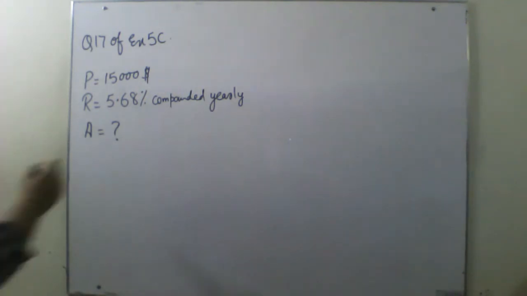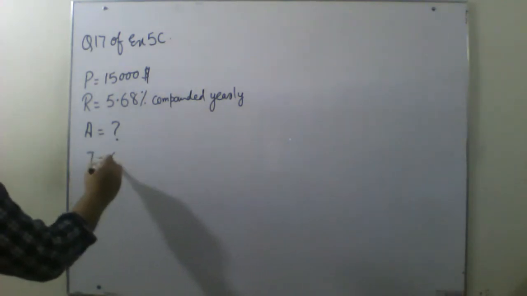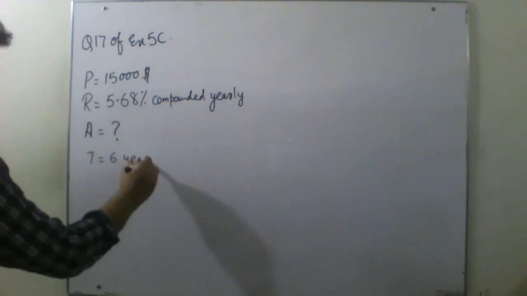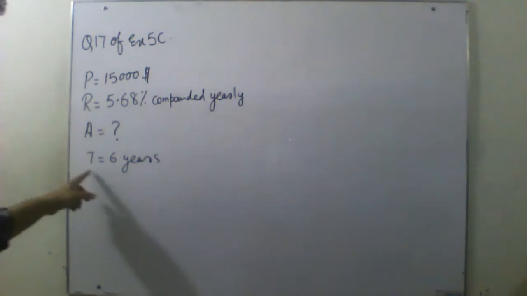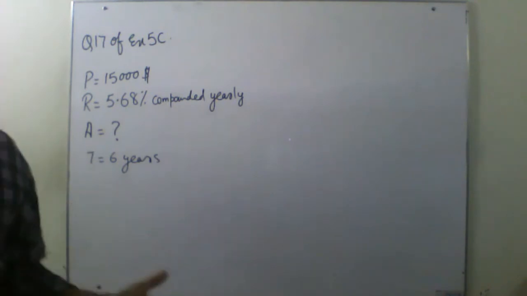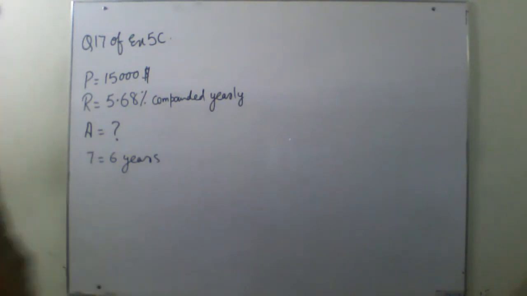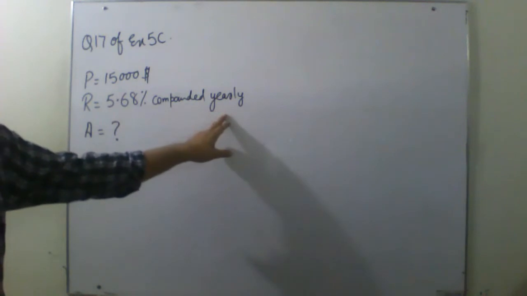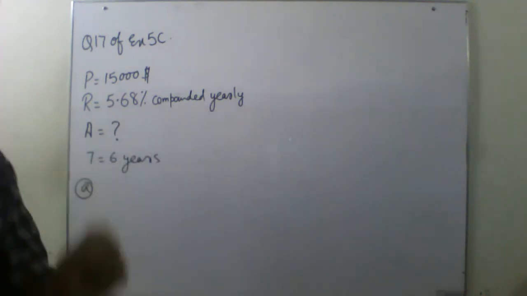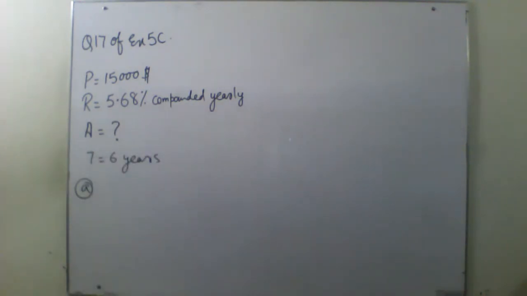In the previous question, I told you that whatever time was given, we directly write it as n. But now the things will be different, because in this question they are saying a part: compounded yearly is the interest rate given, but there is another thing.